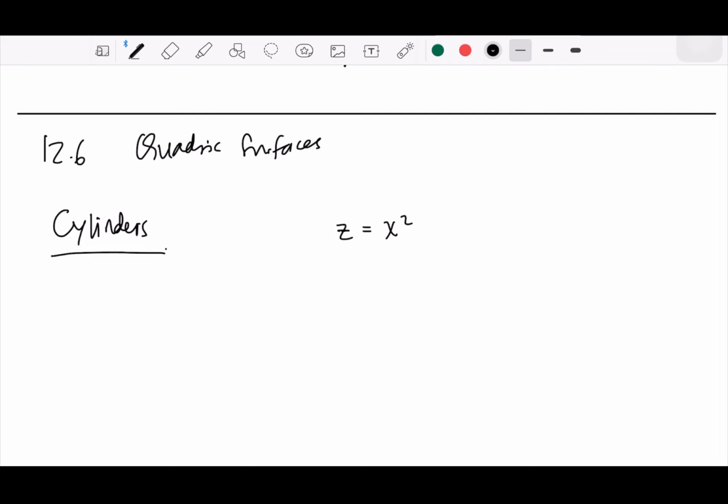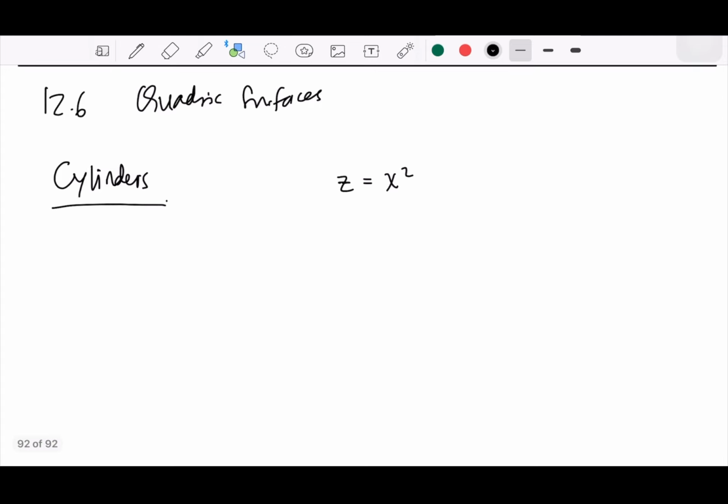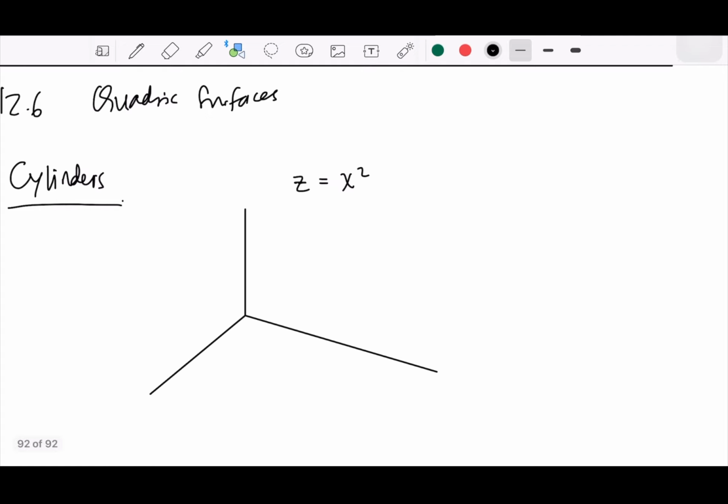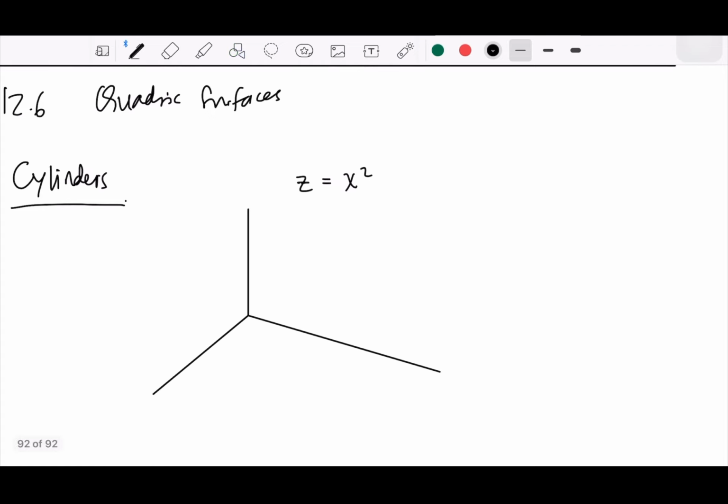So if we draw this, let's say this is z, this is x, this is y. Okay, we can imagine z and x easily, just like this, right? So let me just draw that first.